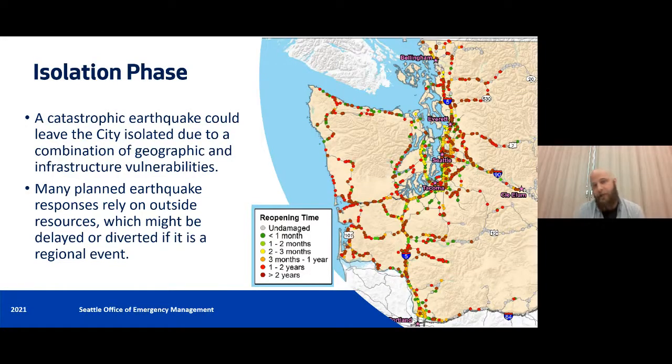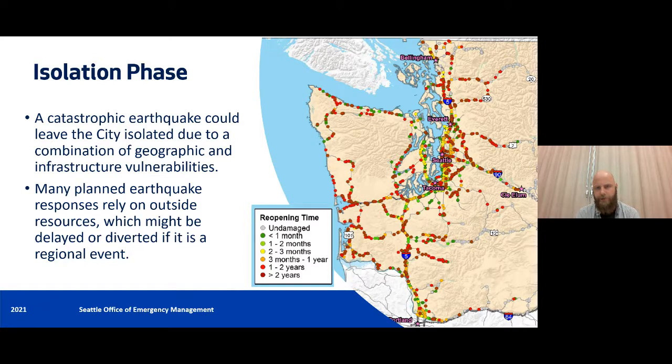So as I mentioned, depending on the type of earthquake, we very well could be in an isolation phase. This map on the right is showing bridges in the state, and this was based on a regional resilience assessment in 2019 done by the Department of Homeland Security and Washington State Emergency Management Division and Washington State Department of Transportation. And they were basically looking at potential impacts to bridges from a Cascadia earthquake that was a 9.0.